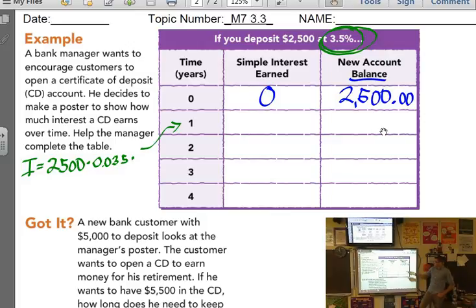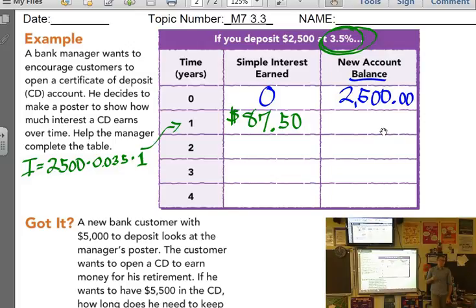Well, if I'm looking just for the first year, this would just be times 1. What do you get? 87.5. So $87.50. Now that's how much I made in 1 year.